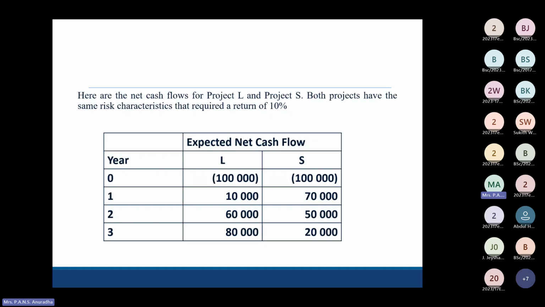When it is a mutually exclusive project, say there are two projects, L and S. Three-year projects, initial investment for both is 100,000, with net cash inflows like this. Project required rate of return is 10%.